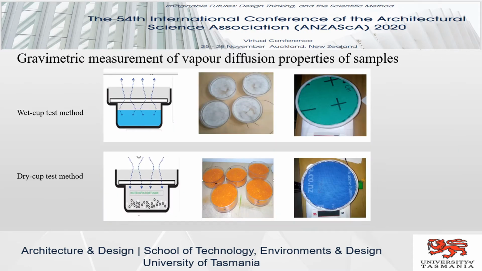This slide shows the gravimetric measurement procedure. Gravimetric measurement involves determination of change in mass of water vapor that escapes or enters a material under test. This method can either be a wet cup as indicated in the slide or a dry cup test.